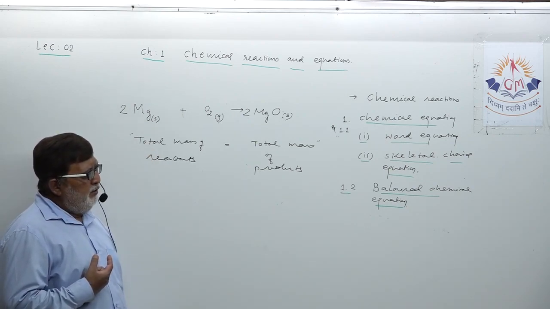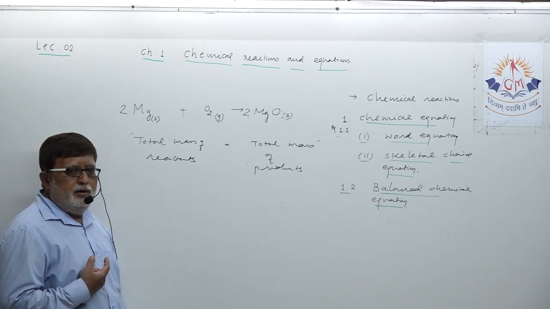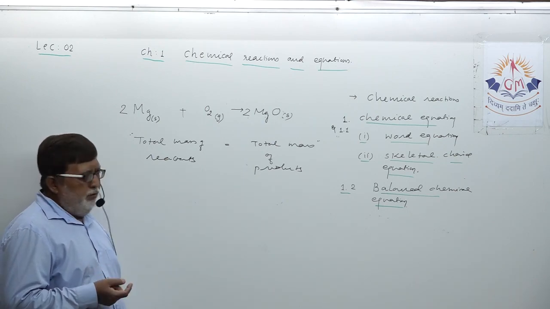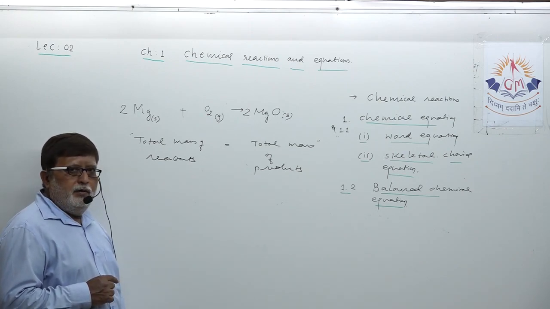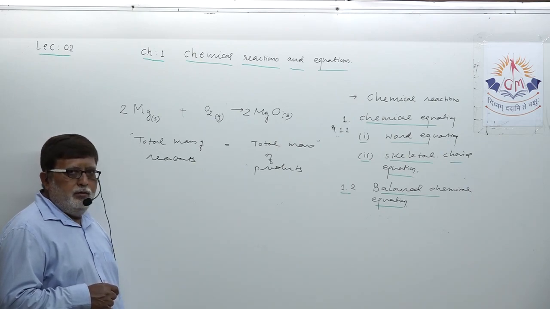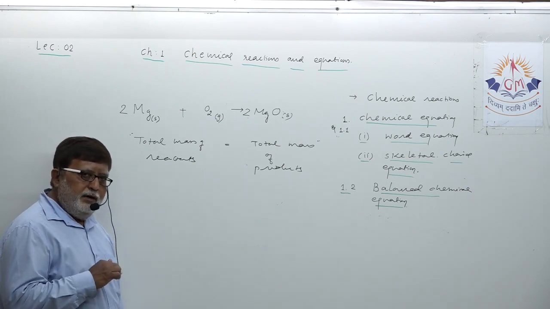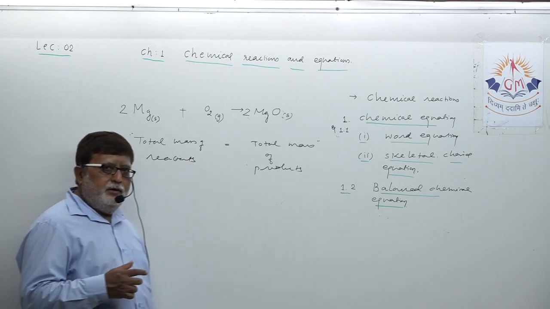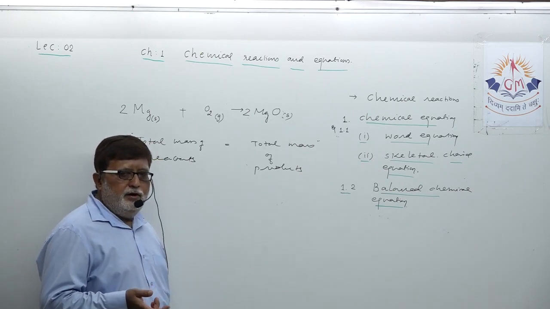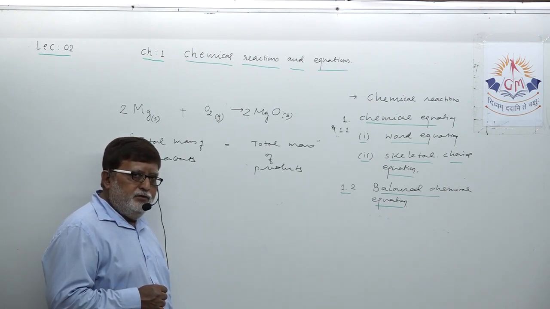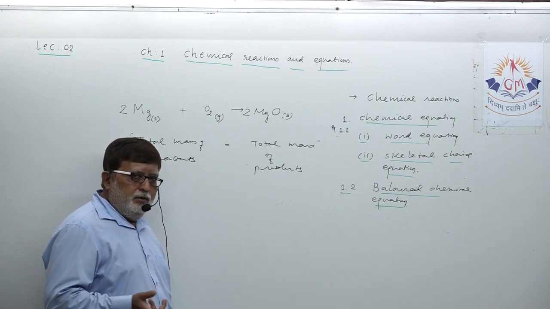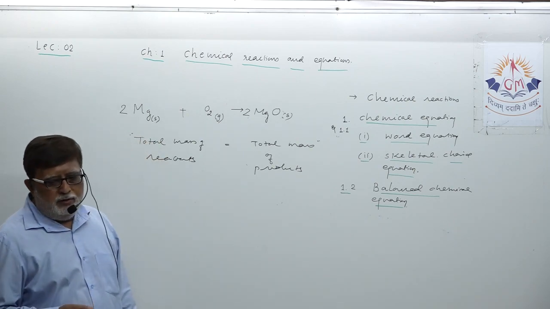While you are balancing any chemical equation, you are trying to ensure that the total mass of reactant becomes equal to the total mass of the product, and by doing that you are trying to justify and realize the universal law of conservation of mass, that is, total mass remains constant in this universe.